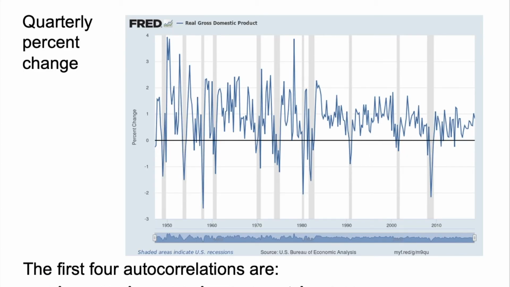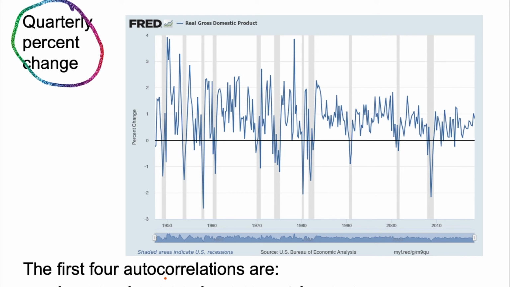We can see here, looking at real gross domestic product, the percentage change, that the first four autocorrelations are 0.33, 0.26, 0.1, and 0.11. So this is telling us, in terms of the quarterly percentage change, that the correlation between the percentage change this quarter and the percentage change last quarter is 0.33.